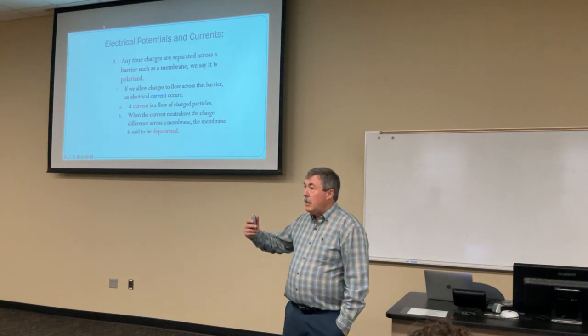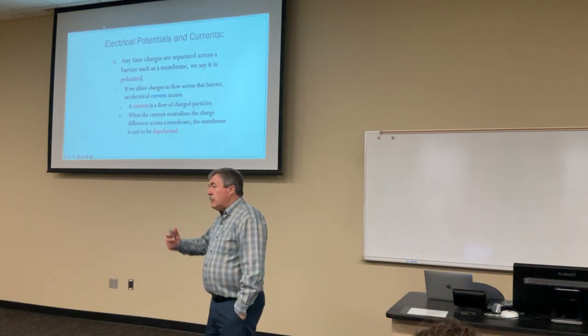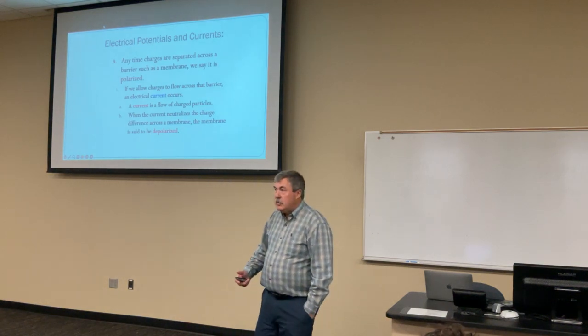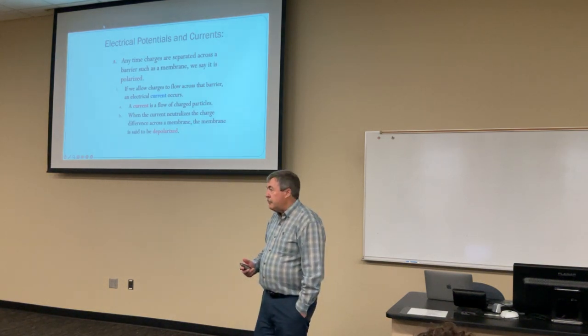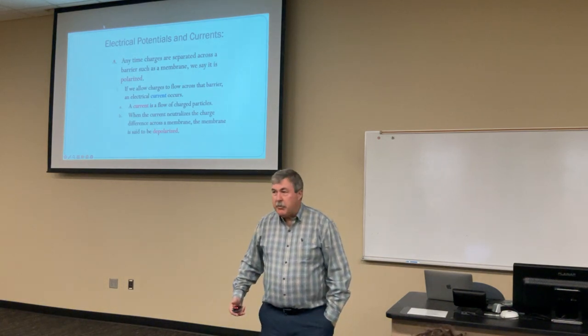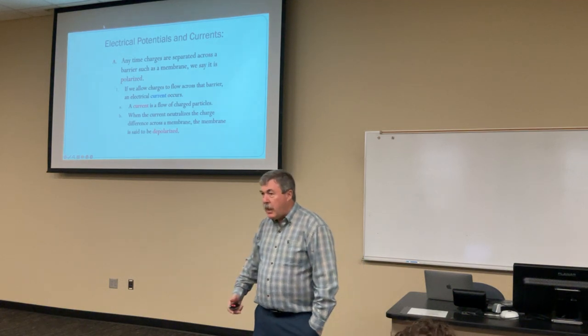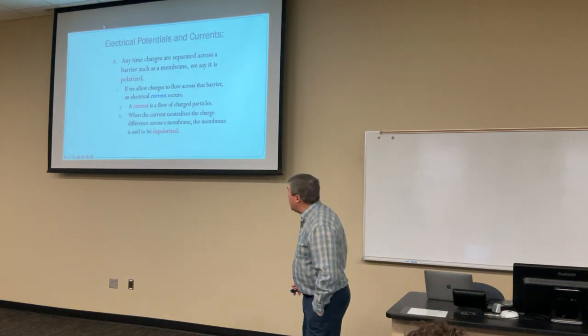Okay, so electrical current is the flow of charges from one point to another. So if we allow sodium to move across the membrane, that's producing a current. It's producing a current of positive charges across the membrane.